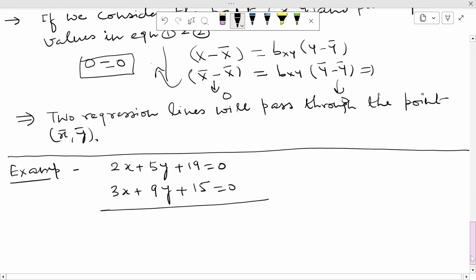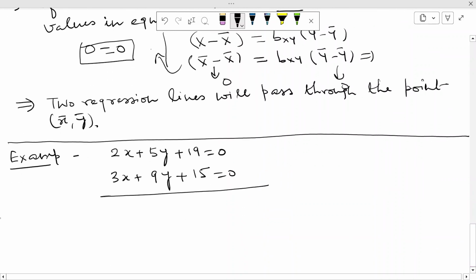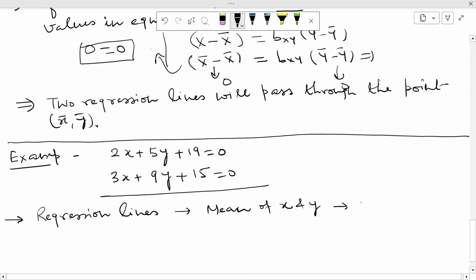We have to check whether the above lines are regression lines, and we have to calculate the mean of x and y, and the third thing is the coefficient of correlation, the value of r.